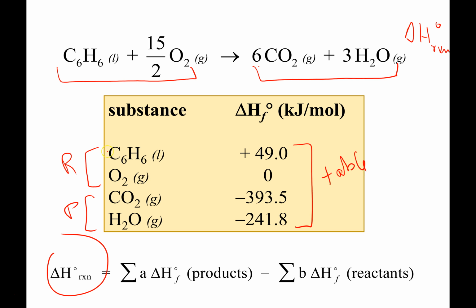And we have a star child here, O2. Since oxygen is a diatomic element, under 77 degrees Fahrenheit and 1 atmosphere it wants to be diatomic in its gaseous state. So it's in the standard state, and its standard molar enthalpy of formation is 0. We would see that on the table.